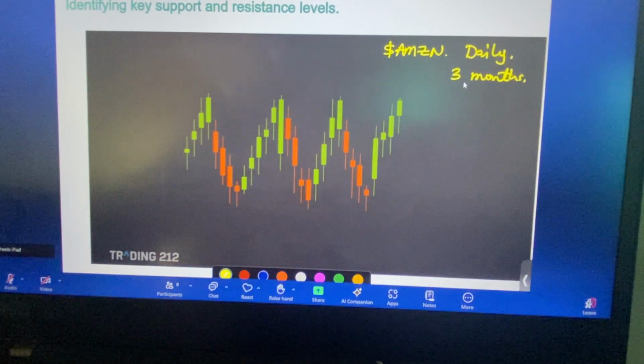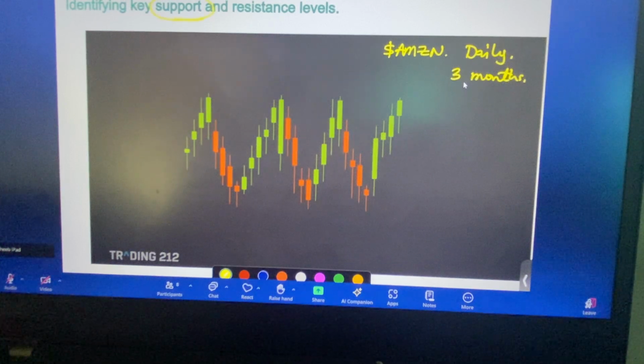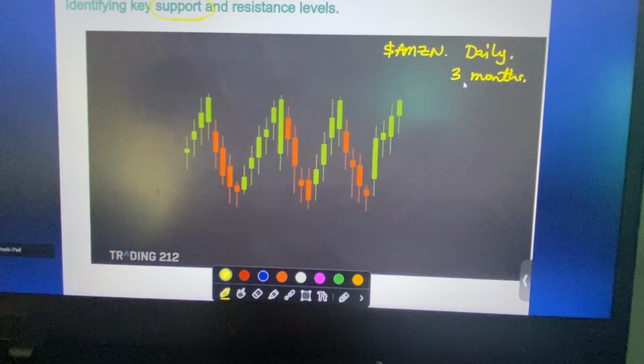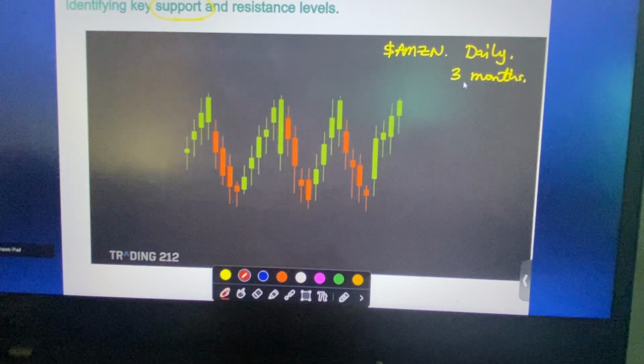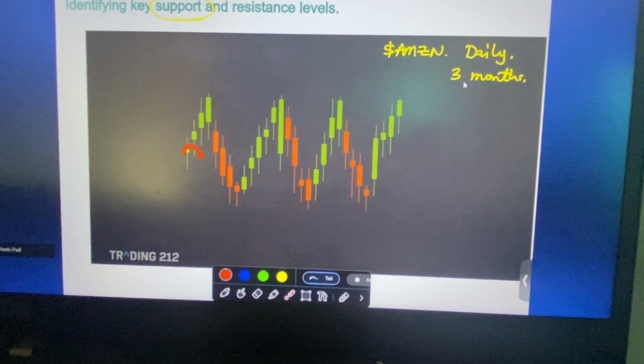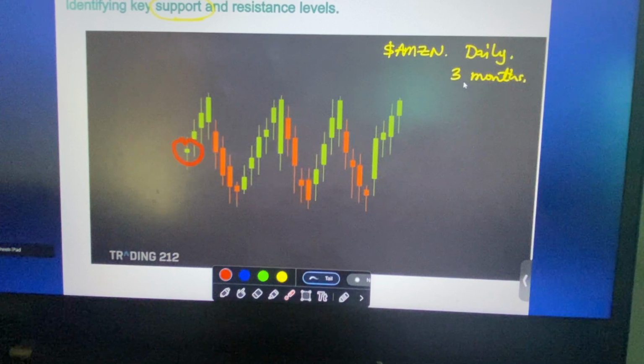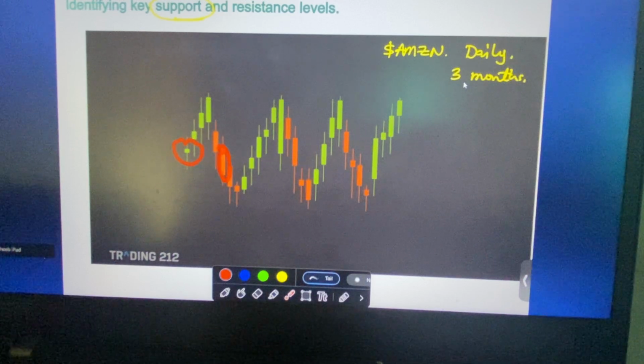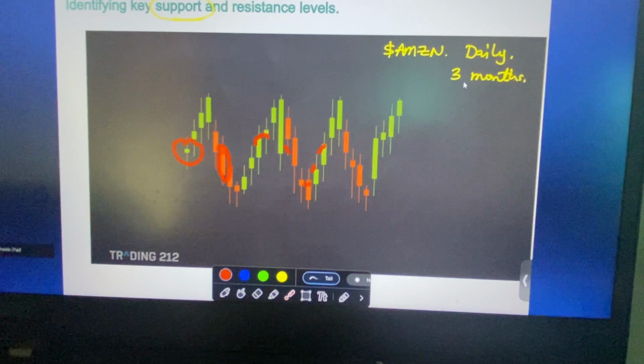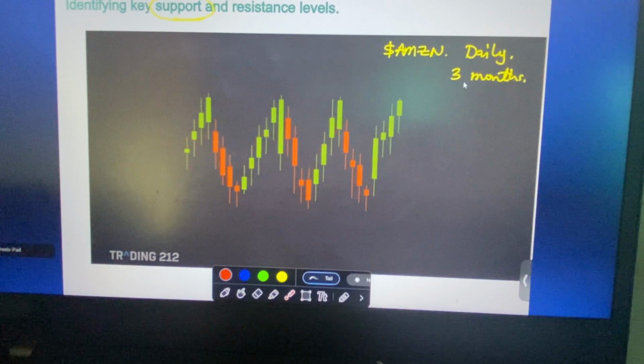First, how can we identify this support level in this chart? As you can see, we have our candlesticks. This is bullish, this is bearish, and we have our mix of bullish and bearish candlesticks throughout the chart.